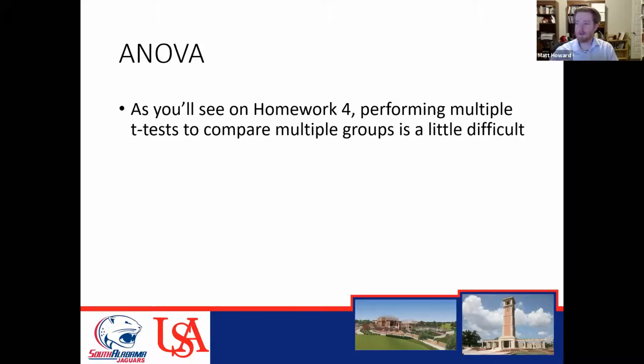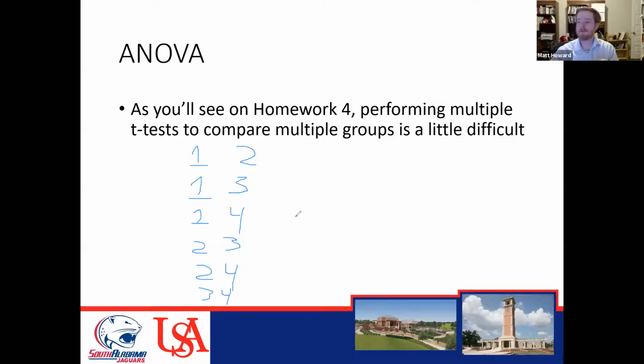But as you'll see when you do homework 4, performing multiple t-tests to compare multiple groups is going to be a little bit difficult. That's because on homework 4, I think there's a total of 4 groups. If you're performing multiple t-tests to compare multiple groups, you would have to do a t-test on the difference between groups 1 and 2, 1 and 3, 1 and 4, as well as 2 and 3, 2 and 4, and then also 3 and 4. So if you have 4 groups and you want to do t-tests to compare all those groups, you would have to do more than just 4 t-tests.